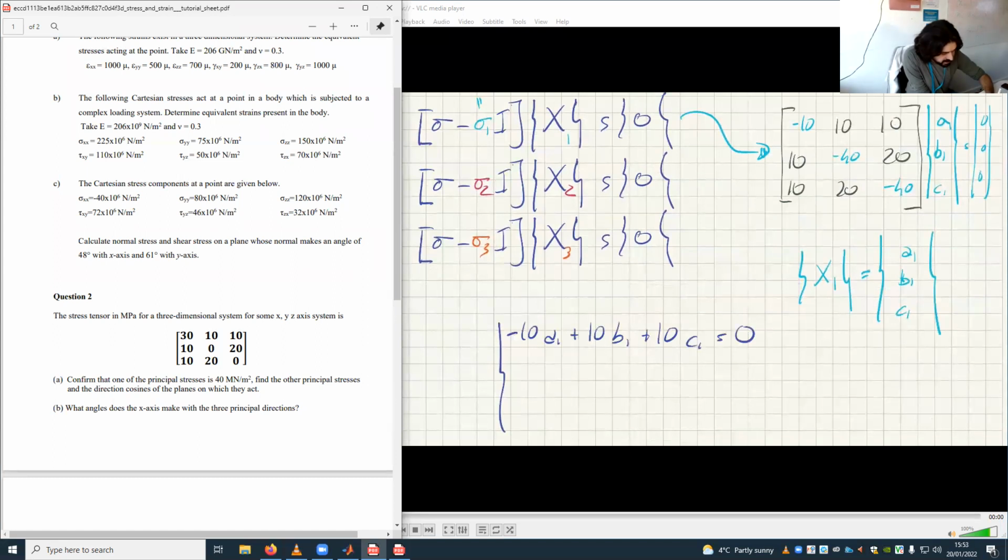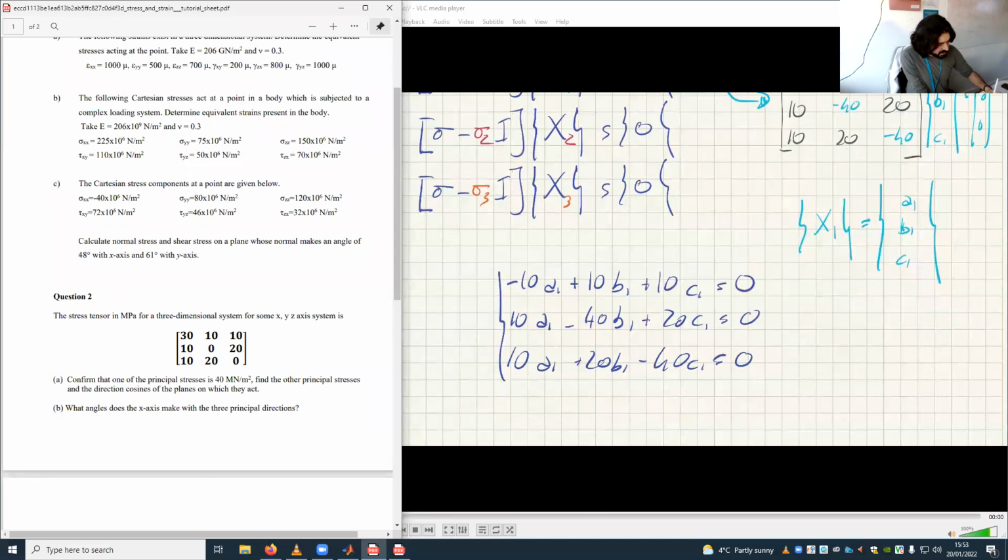The second equation is this times this, plus this times this, plus this times this equals this. So 10 A1 minus 40 B1 plus 20 C1 equals 0. 10 A1 plus 20 B1 minus 40 C1 equals 0. And now let's solve this.